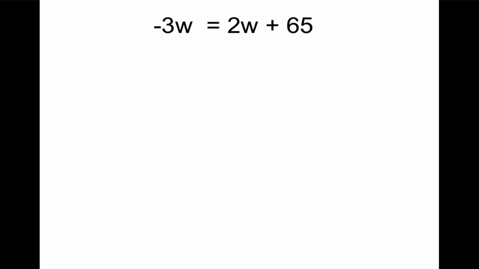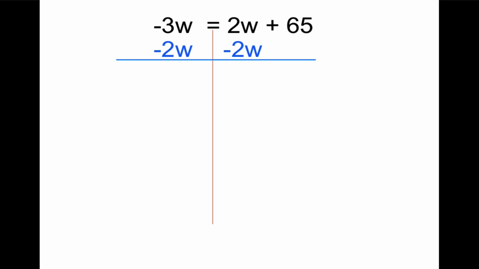Here's one last problem. This one is a little different in that on the left-hand side of the equation, the only thing there is negative 3w. So I'm going to break my own rule. I would suggest that it's easier to subtract the 2w from both sides because then we have a zero pair.